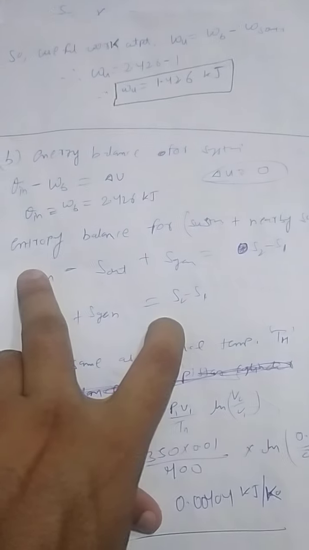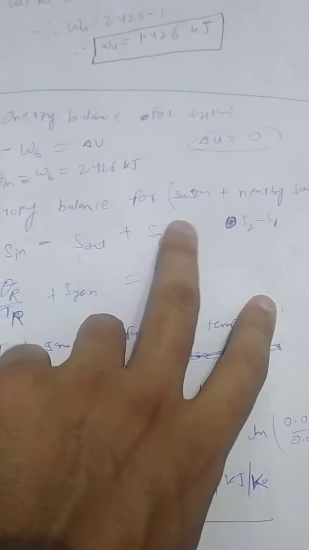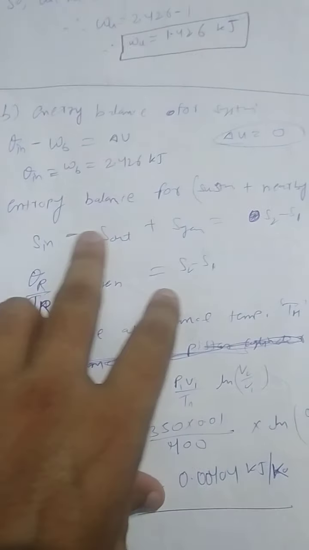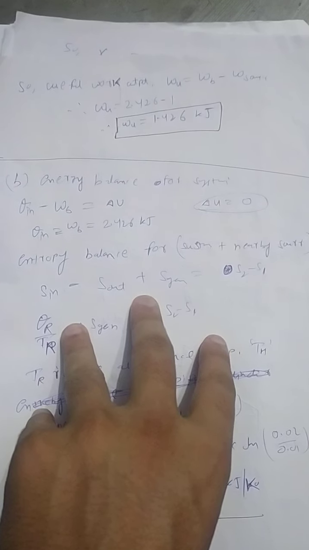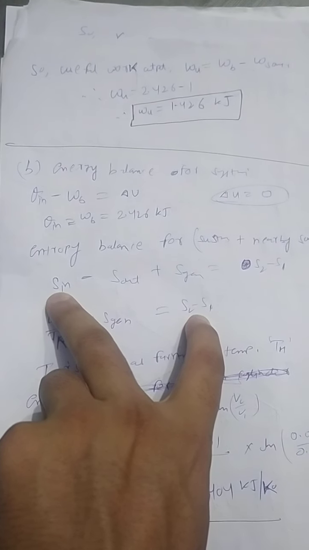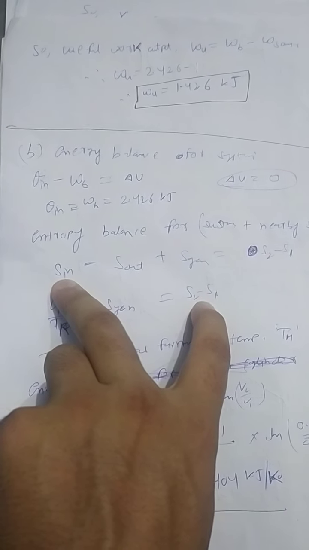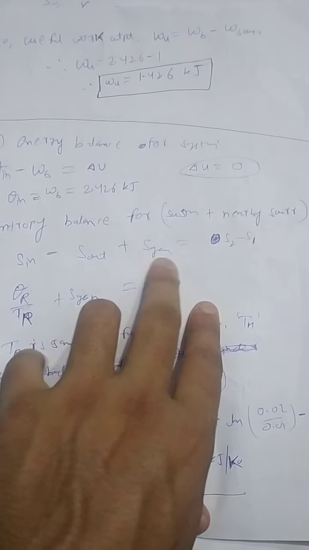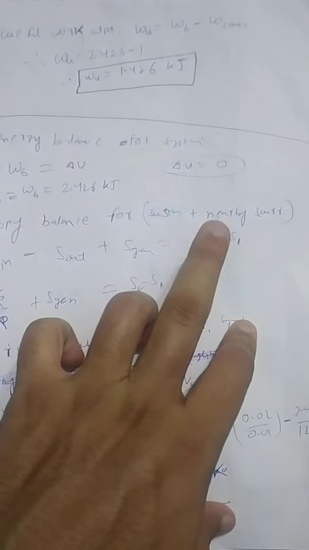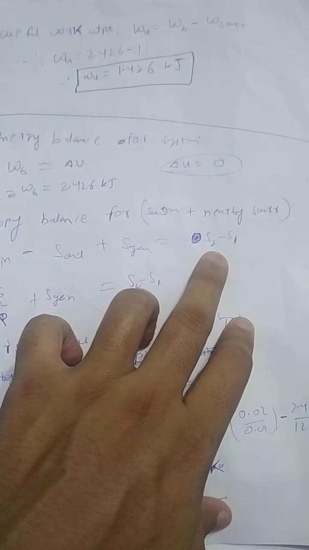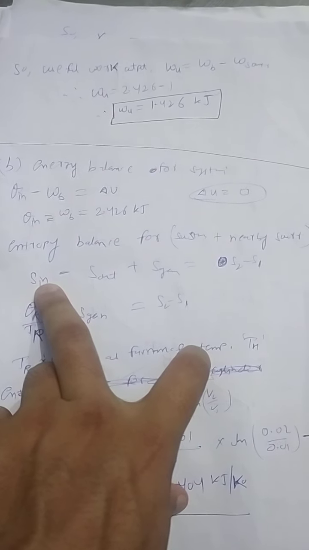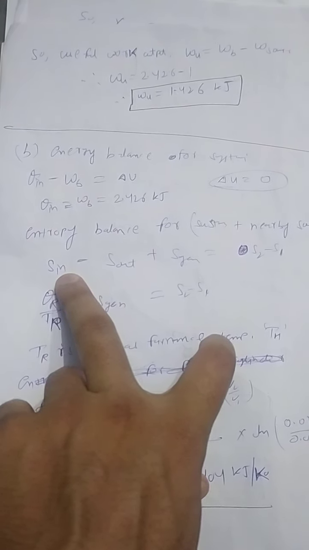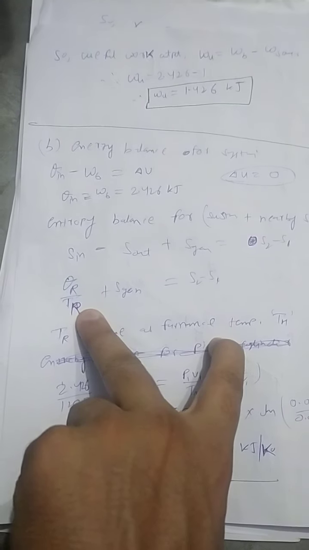Now let's do the entropy balance for the system plus nearby surrounding. System is the piston cylinder device and nearby surrounding is taken. So entropy in minus entropy out plus entropy generated is equal to change in entropy of the whole system plus nearby surrounding. So entropy in is only in the form of heat, that is QR over TR.